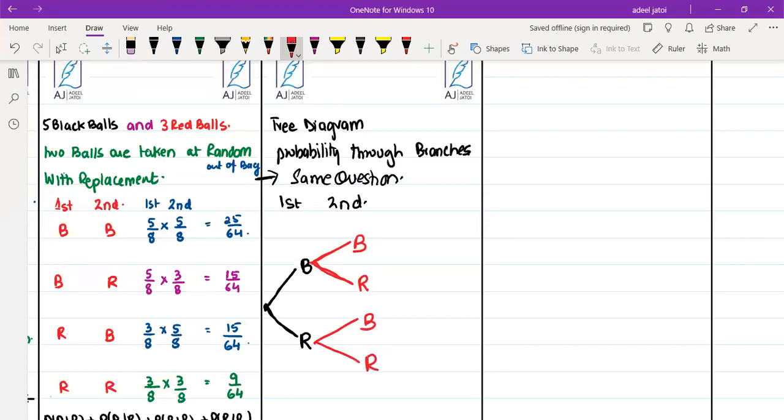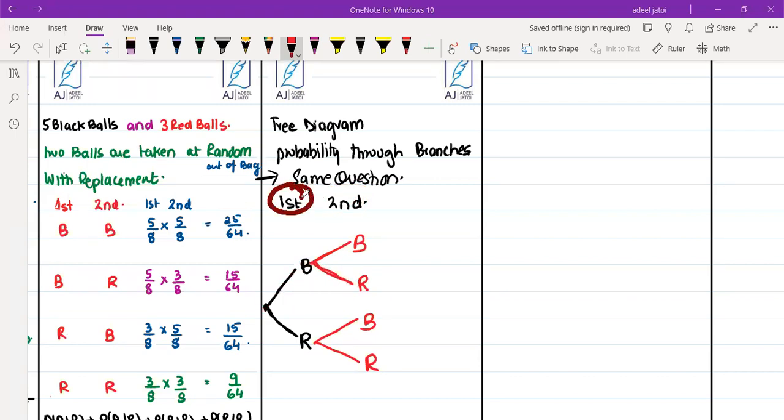So just repeating this from the tree diagram, because as I said it contains the branches. The first ball is black or the first ball can be red. If the first ball is black, then the second ball can be black as well. So the probability is black and black. If the first ball is black, then the second ball can also be red. So this will give me black and red.